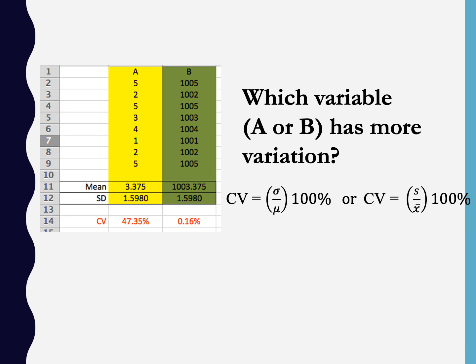So if you're going to interpret this result, it means that data A has more variation, or the observations in data A vary more compared to the data in data B. And since dataset B has a smaller coefficient of variation, the dataset in data B is more consistent.